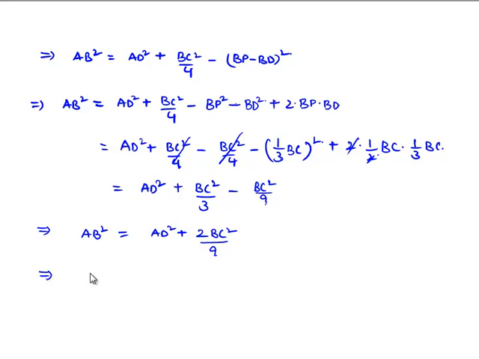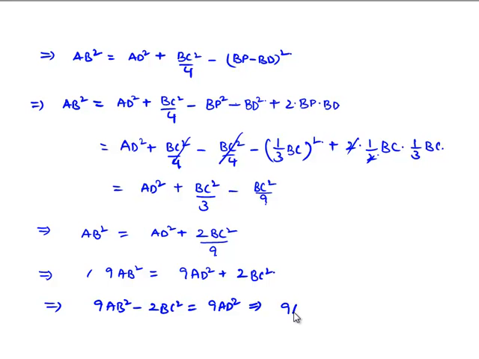That implies, let us cross multiply with 9, then we get 9 AB square is equal to 9 AD square plus 2 BC square. That implies 9 AB square minus 2 times BC square is equal to 9 AD square.